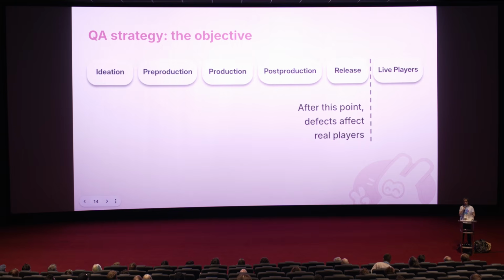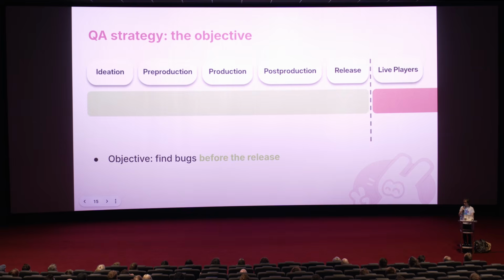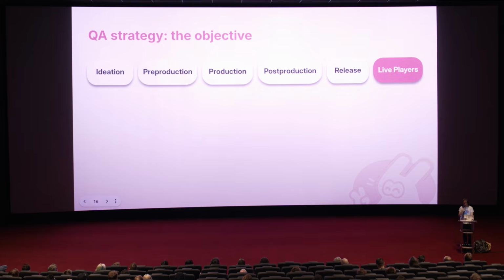Maybe people would even refund your game. So you could say that the objective for QA is finding bugs before the release, which is technically true, but we can still dig a little deeper. Why don't we want to find problems at the end? In part because of the impact to the players that I just mentioned, but also because it implies a lot of work.